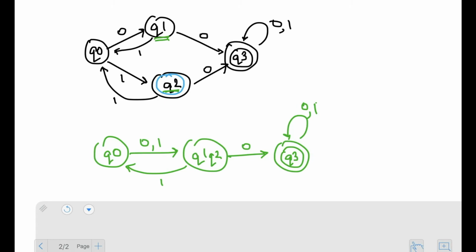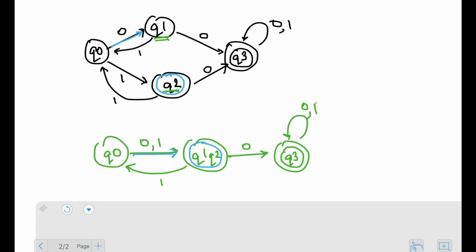So that's one thing that we need to remember, because let's say we argue that we can make this a final state as well, but in that case from Q0 when I get a 0, in the above DFA I make this transition right here on a 0 to Q1, which is not a final state, whereas in the below DFA from Q0 I'm making this transition, which is to a final state Q1, Q2. So we can't do that here. So everything changes if one of them is a final state and the other one is not.